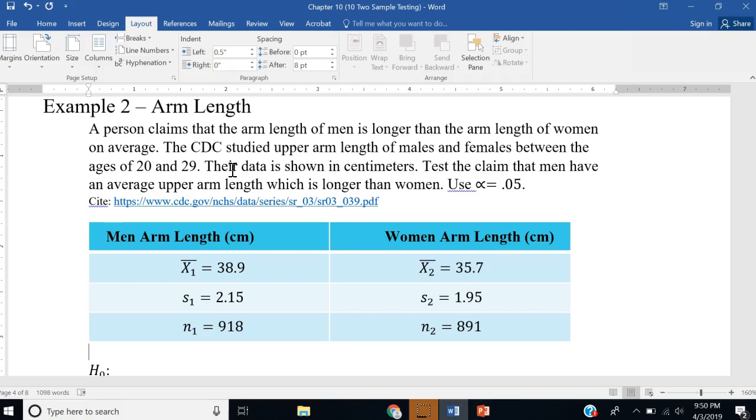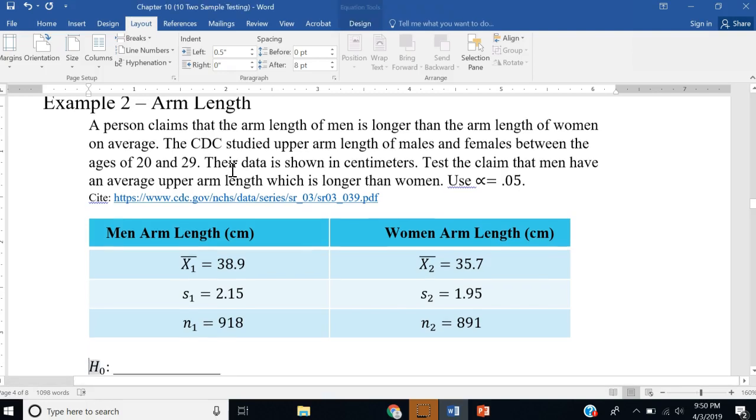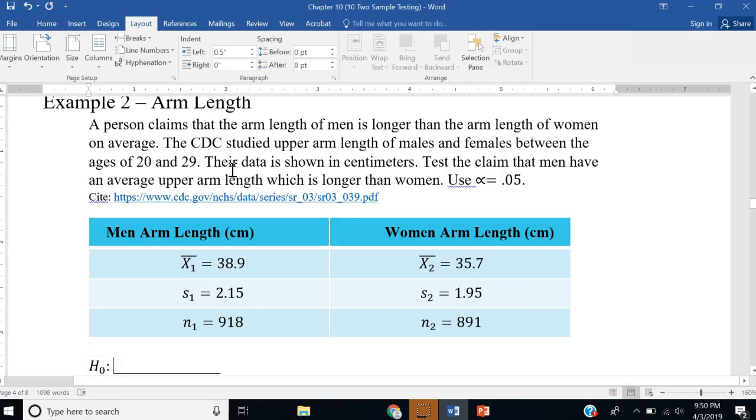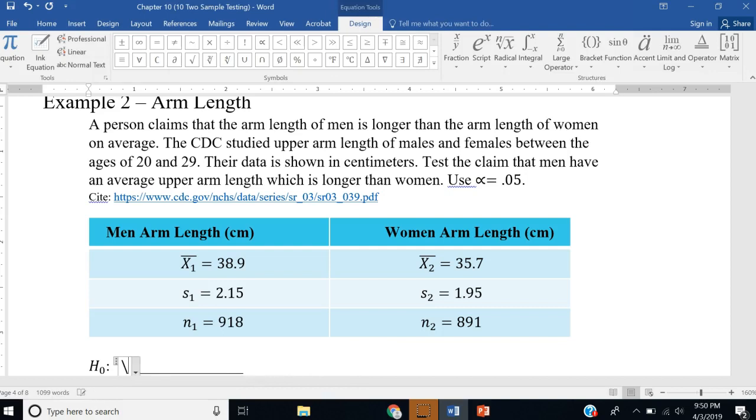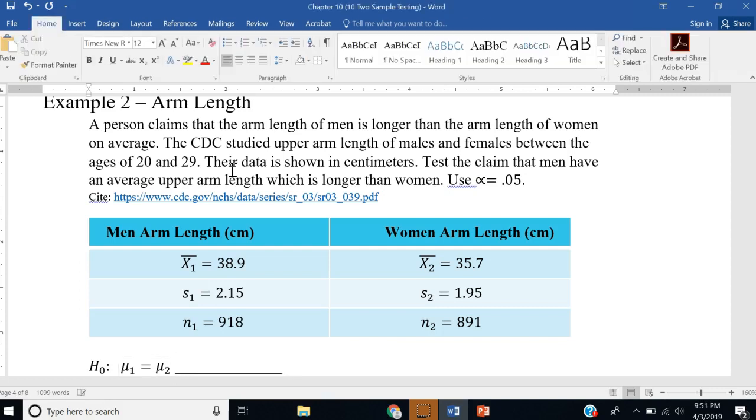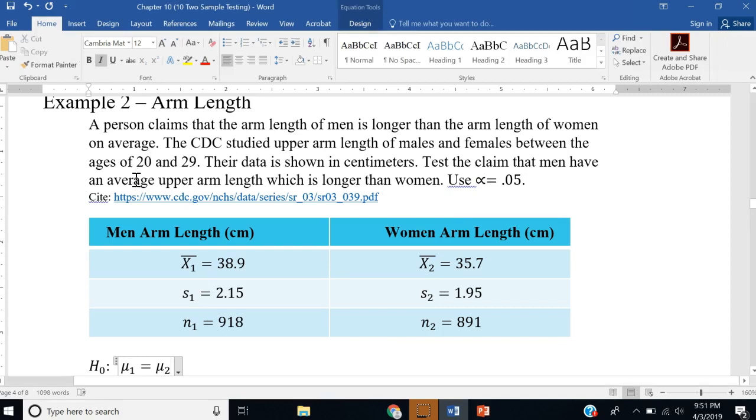We're going to test the claim that men have an average upper arm length which is longer than women's. All right, we'll use alpha equals 0.05. So once again, we're talking about averages. So what we do is we say the average for group 1 is equal to the average of group 2. That's my null hypothesis. I'm going to scroll up just a hair.